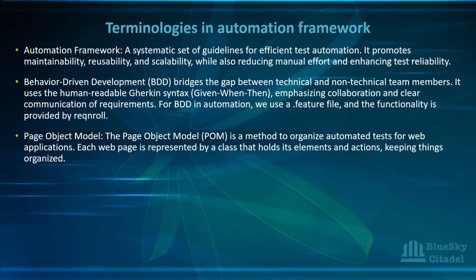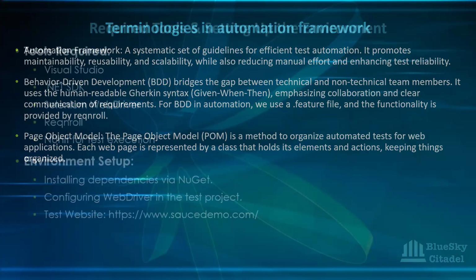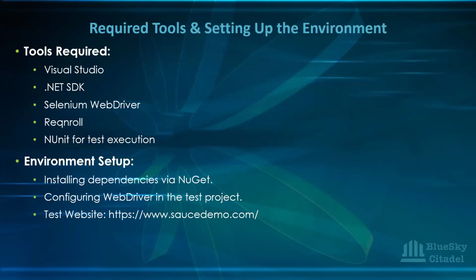So for each feature, for instance, our login feature, we are going to create a new class for it. And that class is going to have our fields and our methods for login. For instance, we can have the username, we can have the email or password, and we're going to set it in our login field.